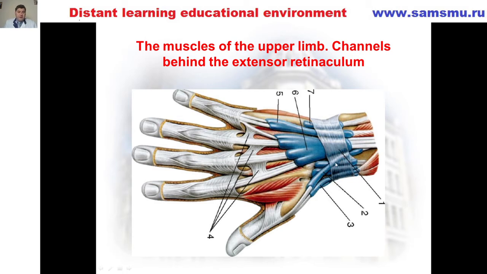In the third channel passes musculus extensor pollicis longus, and you also can see the anatomical snuff box here. Through the fourth channel pass the tendons of musculus extensor digitorum and musculus extensor indicis. Through the fifth channel passes the tendon of musculus extensor digiti minimi, and through the sixth channel passes the tendon of musculus extensor carpi ulnaris.